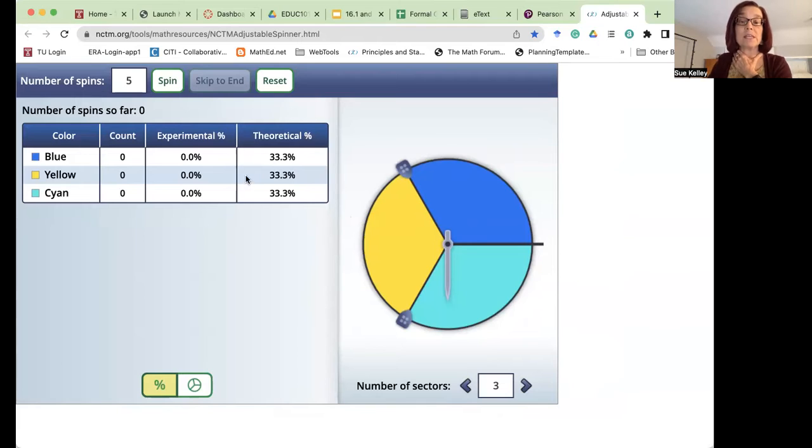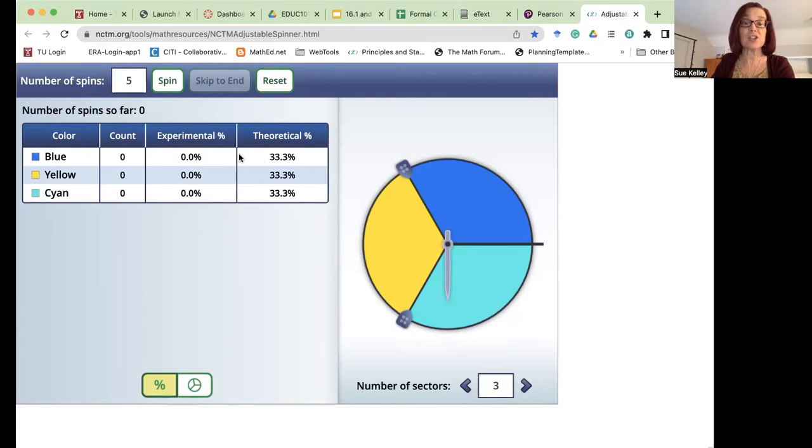But you'll notice here that our theoretical probability for spinning this spinner is about 33.3%, which is about 1/3. And you would predict that, right? 1 out of 3 chance to, for example, get blue or yellow or cyan.